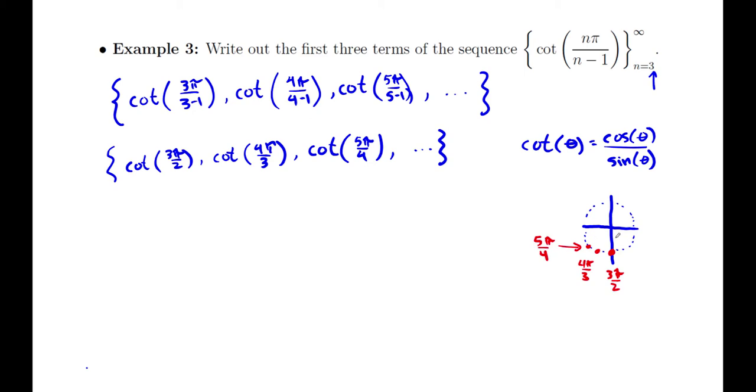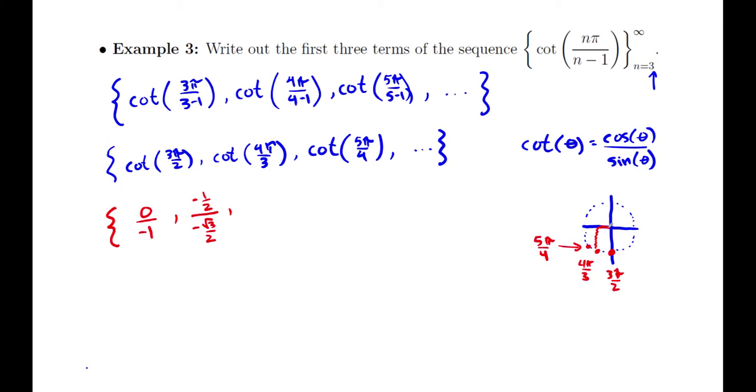All right, let's see how well we remember this. What's happening here is that my cosine is 0 and my sine is -1. So as I write out this first term, this would be 0 over -1. Here, the cosine is negative but small, and the sine is also negative but large. So that's -1/2 for the cosine and negative square root of 3 over 2 for the sine.